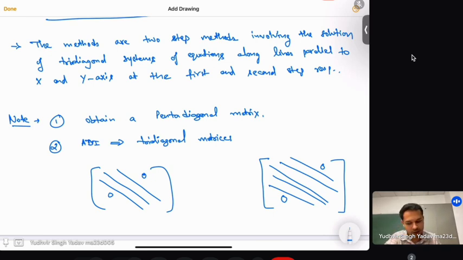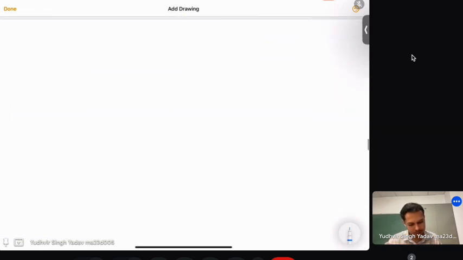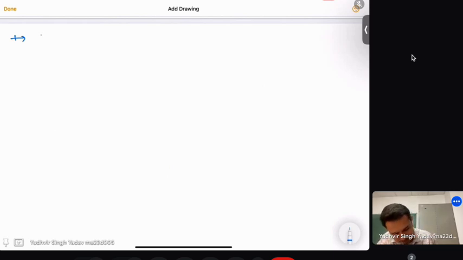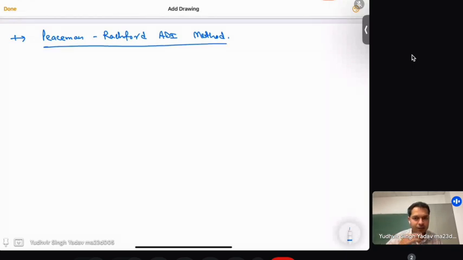So first we will see the construction of this ADI method, also known as the Peaceman-Rackford ADI method. We will see how we develop a finite difference scheme named the ADI method.